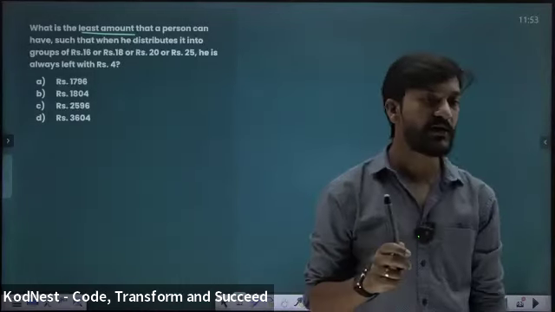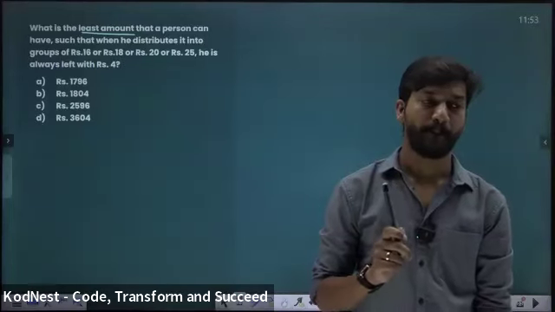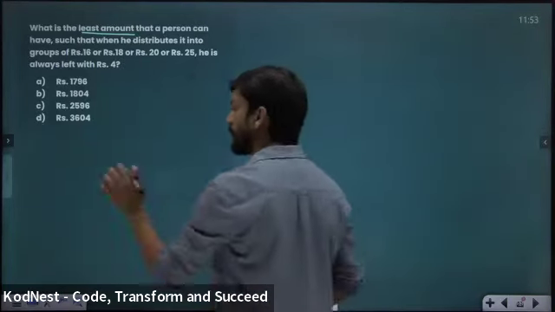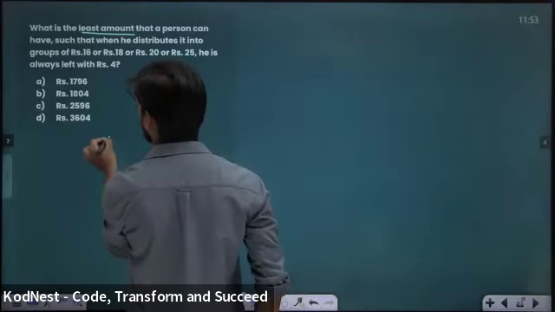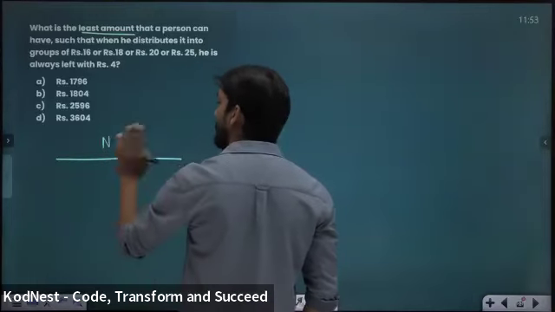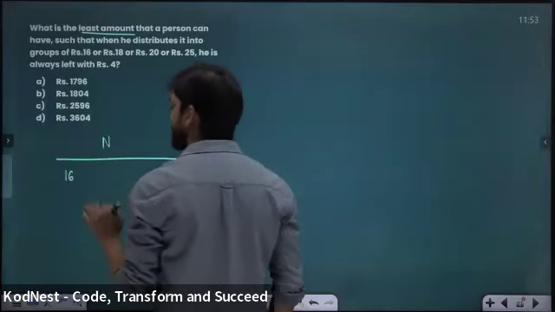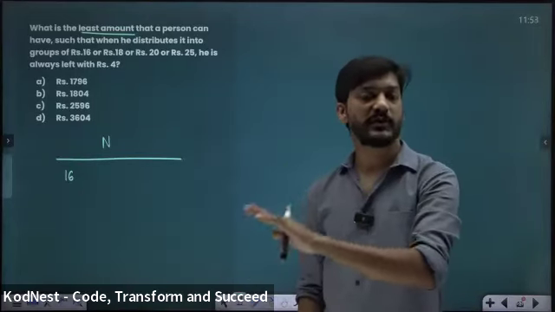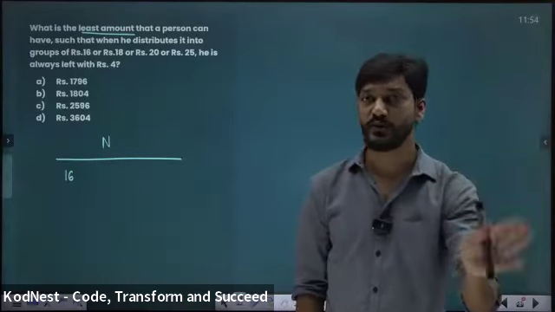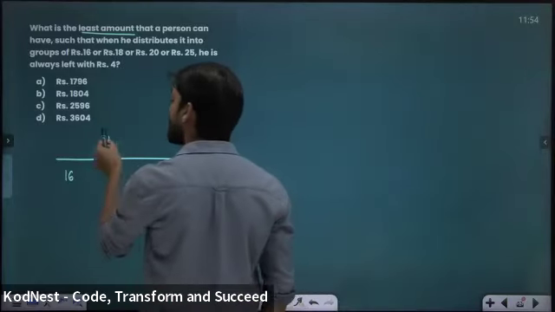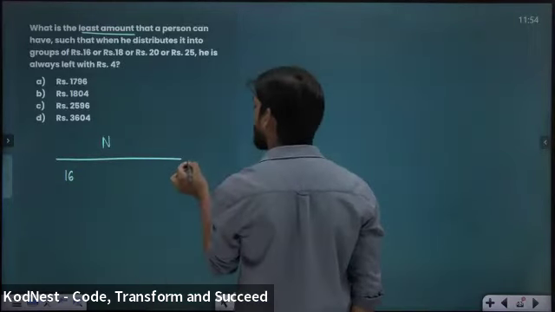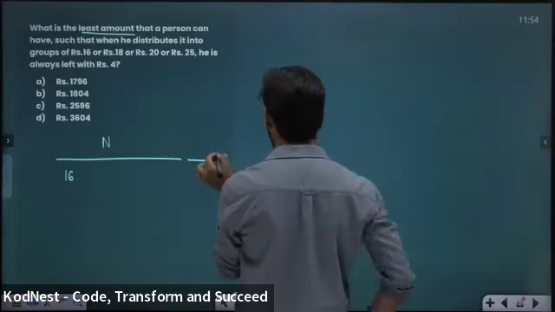Can I say it is remainder, yes or not? Okay, so what the question is saying is, there is an amount. If you distribute it in 16 rupees, first person 16 rupees, second also, third also, fourth also, you will be left with 4 rupees in the last.